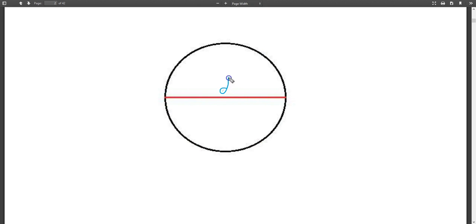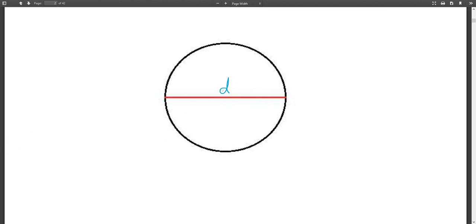Say that is just of length d. That's the diameter of the circle. Pi is simply the number of times you can take the diameter and lay it around the outer edge of a circle. So in other words, you can take this diameter and put it around the outer edge 3.14159 times.